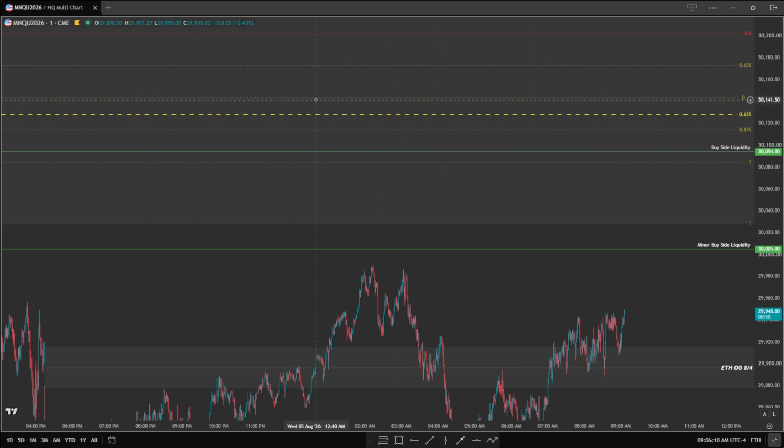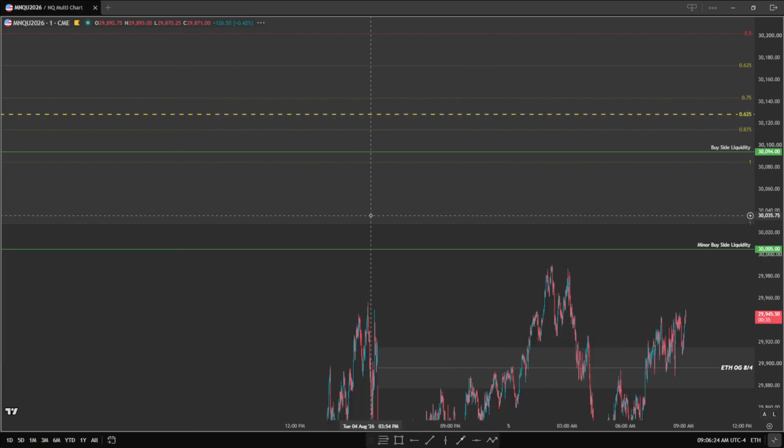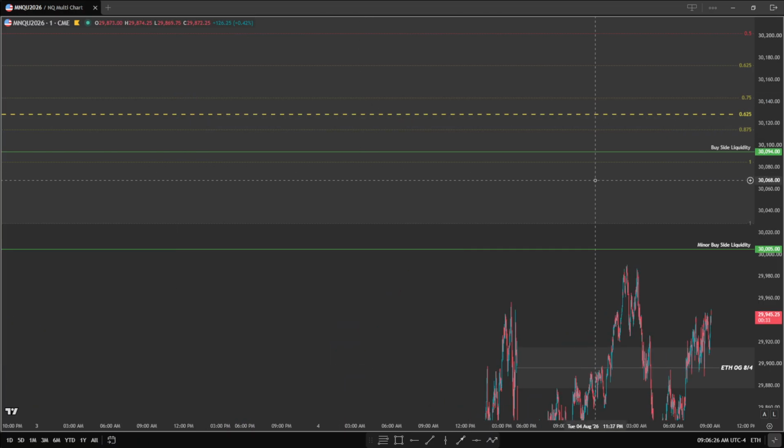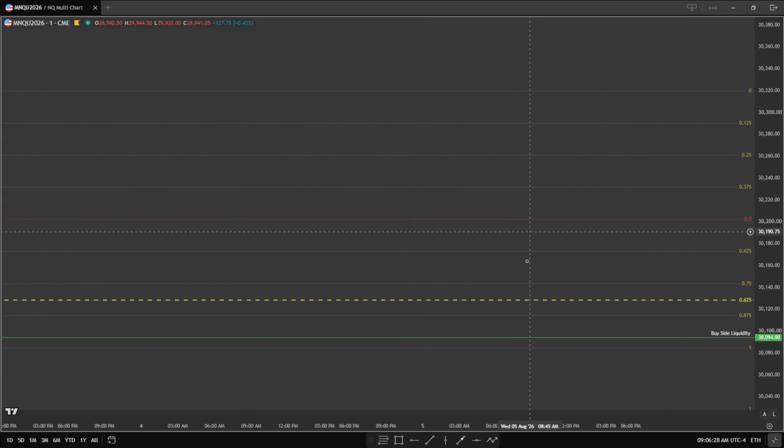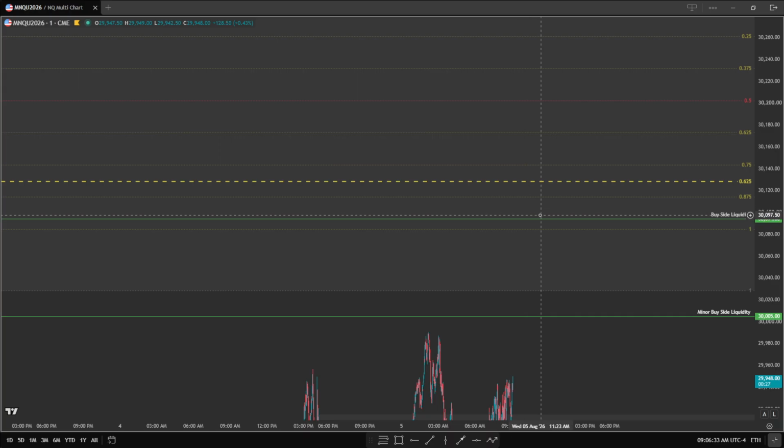That's also smack dab in the middle of the range there. So yeah, I like the idea of watching this daily wick because it's right above the buy side and anchored to this monthly level. So I like that.